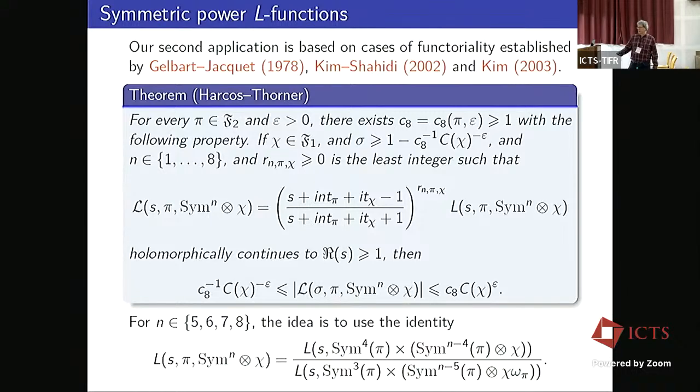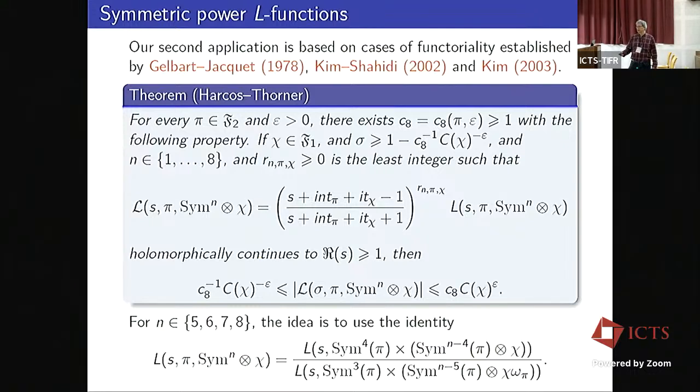If you look at this expression on the right-hand side, this ratio, when n is at most 8, then all the symmetric powers occurring there have exponent at most 4. So all these symmetric powers, by the functoriality results, are automorphic on the respective GL groups.